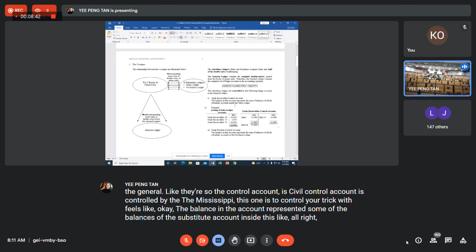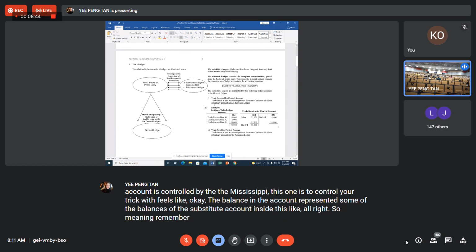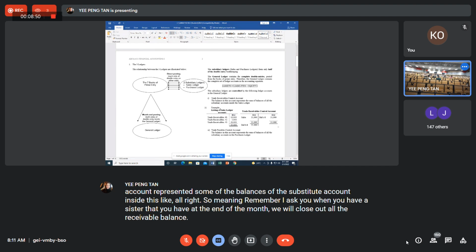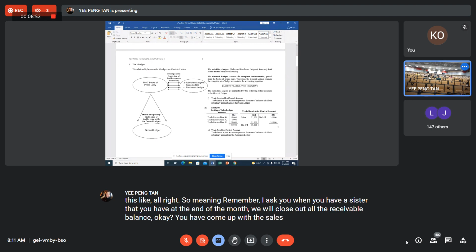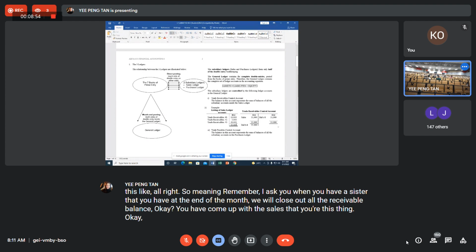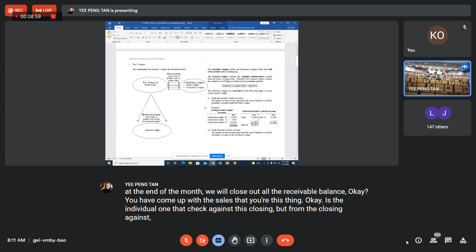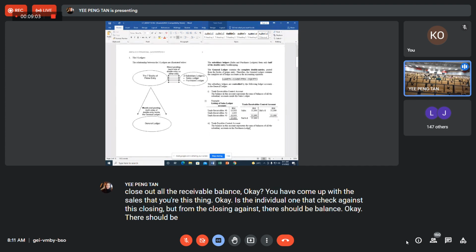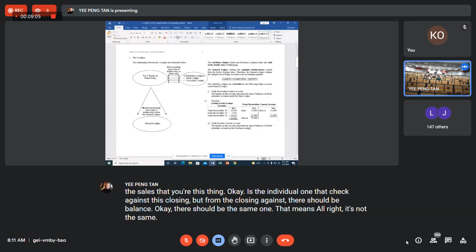Remember I asked you, at the end of the month you close out all the subsidiary trade receivable balances. You come up with the sales ledger listing of individual trade receivables, then check the total closing against your control account. They should be the same. If not the same, that means something is wrong with the answers.